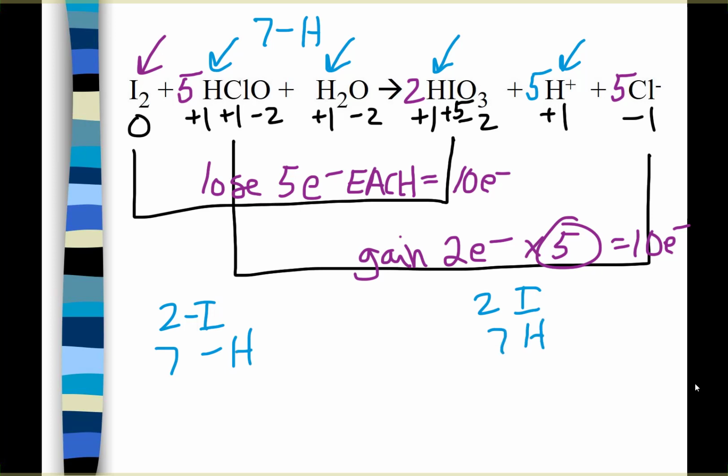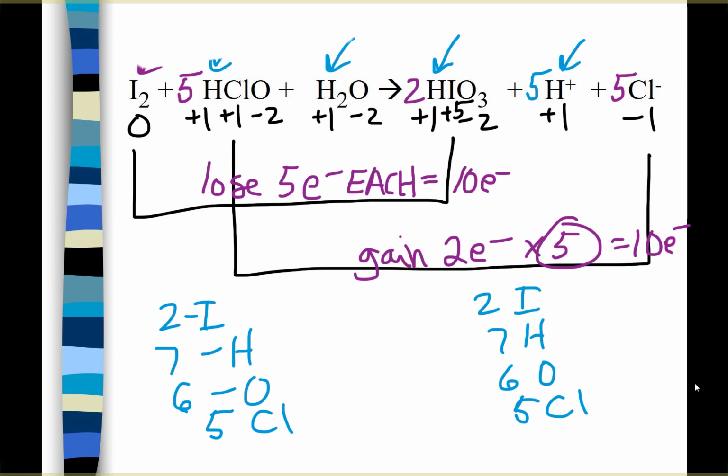I have 5 plus 1, 6 oxygens here, and I have 6 oxygens here. And my chlorines, I have 5 chlorines here, and over here I have 5 chlorines. So this is balanced. We can also balance the total charge on either side just to make sure, but it should be balanced.